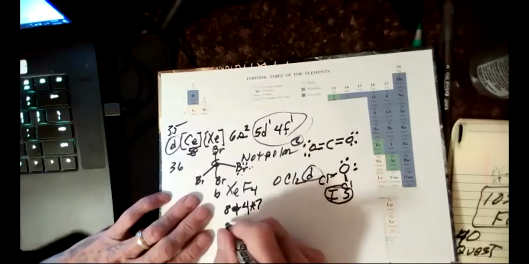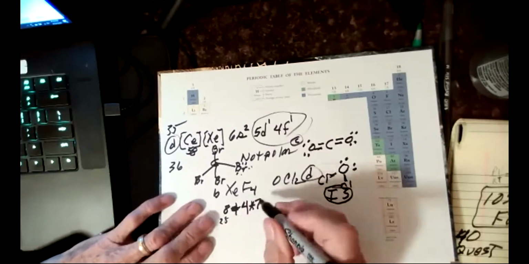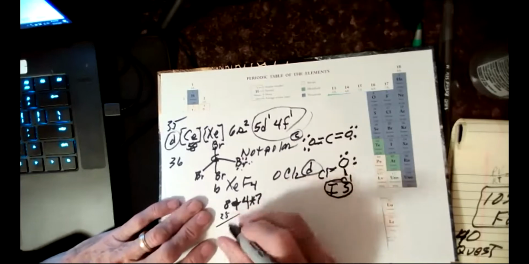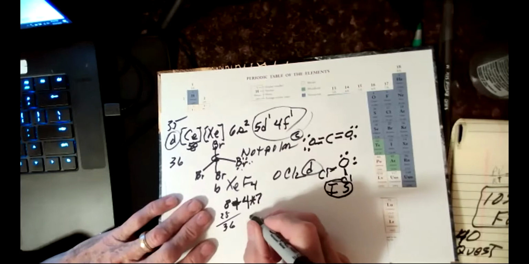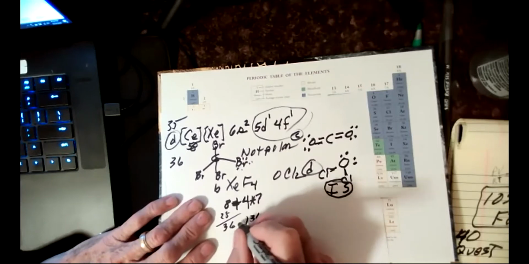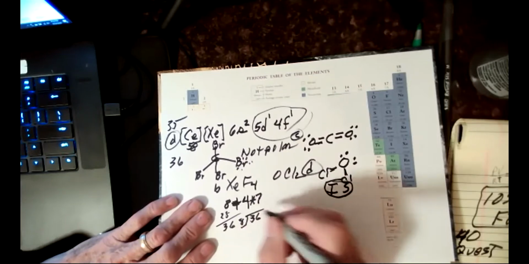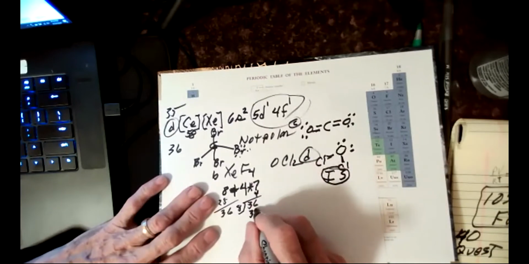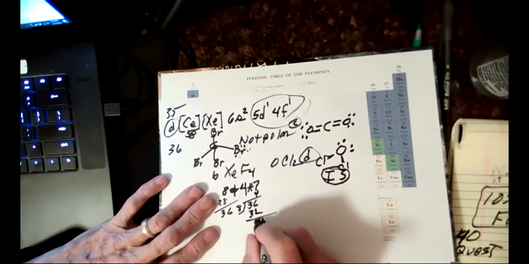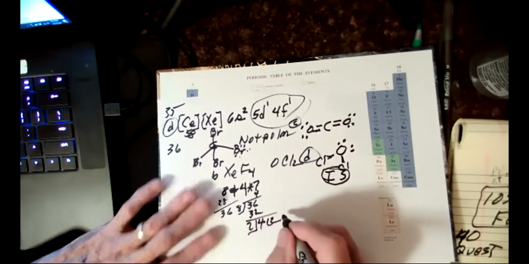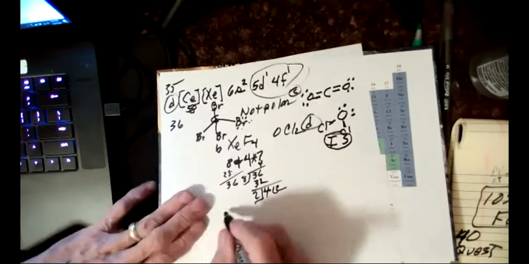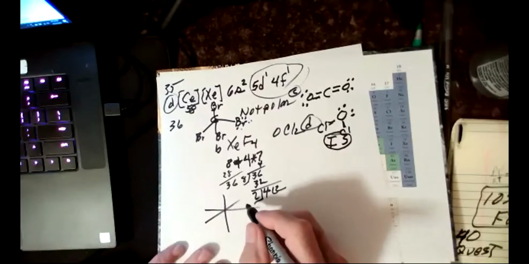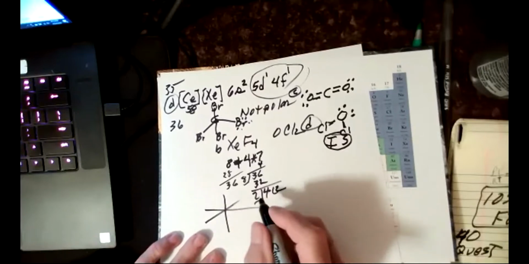So that's 28, and 28 and 8 is 36. 36 divided by 8 is 4 to 8 is 32. Remainder is 4. Divided by 2 is 2. 4 and 2 is 6. It's an octahedral molecule.